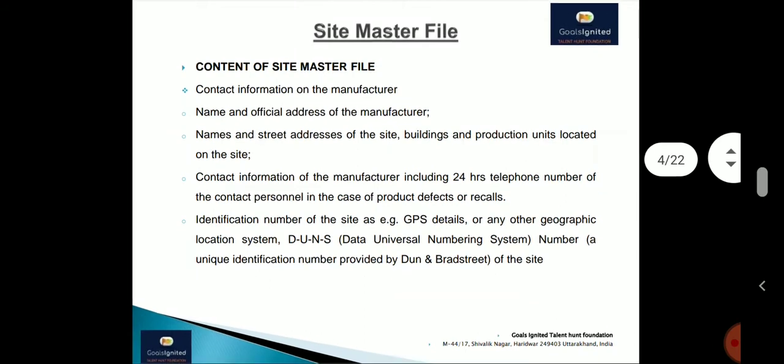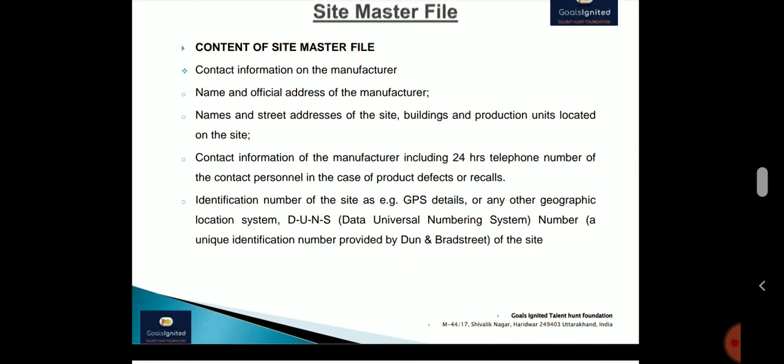The content of the site master file starts with the contact information of the manufacturer: the name and official address of the manufacturer, the street address, and the complete site information, including the DUNS, the Data Universal Numbering System, which is basically a GPS-like identifier. The DUNS number is specific to each location of the site.